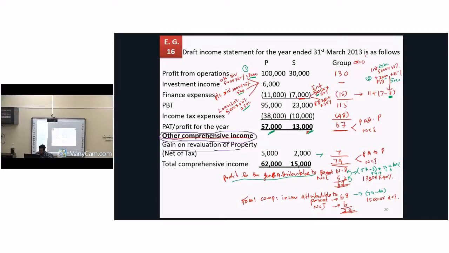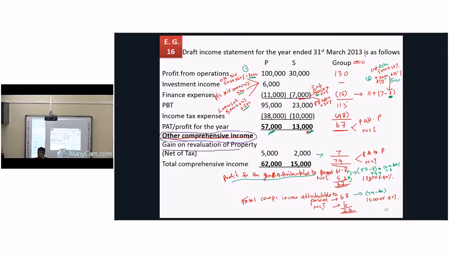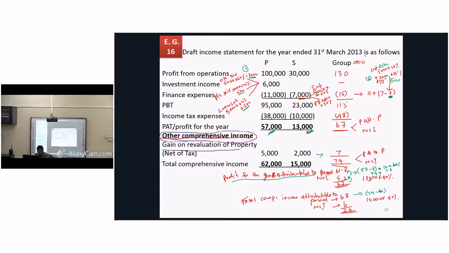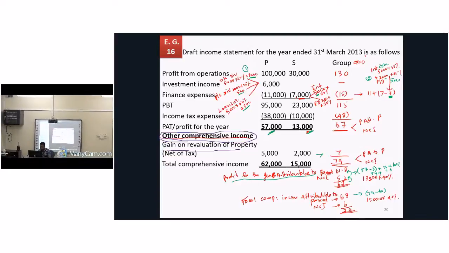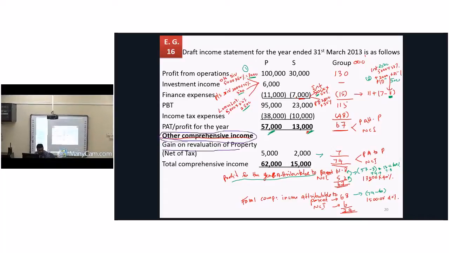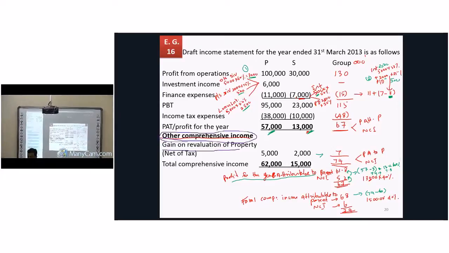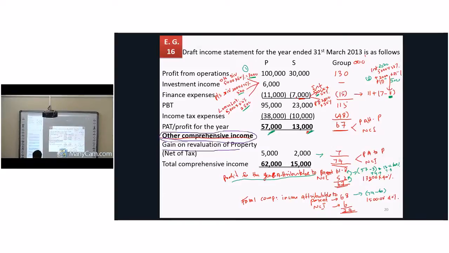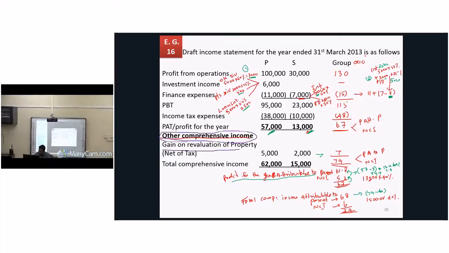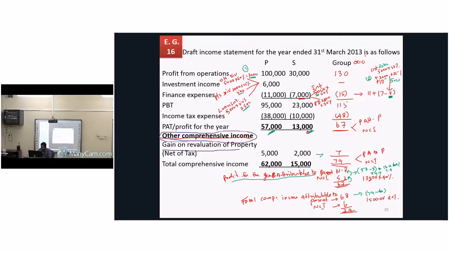There we have gain on revaluation of property. At the same time, other information is also there.